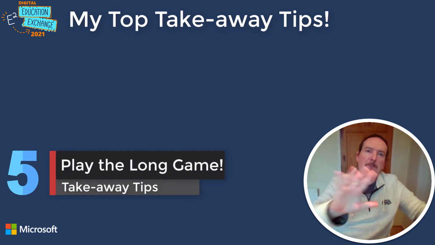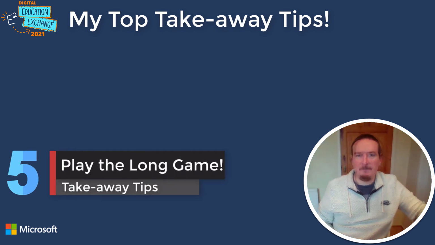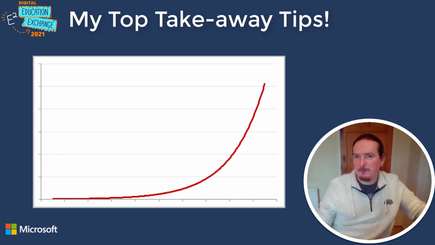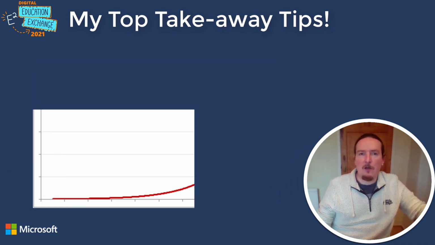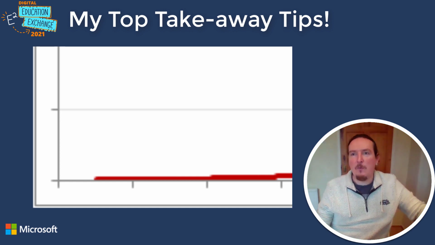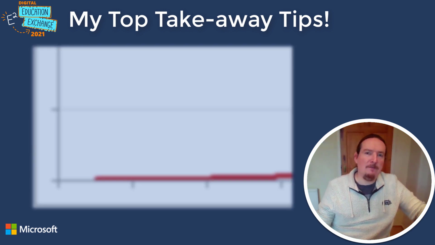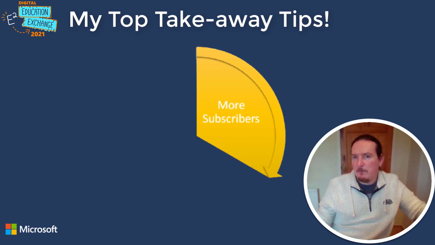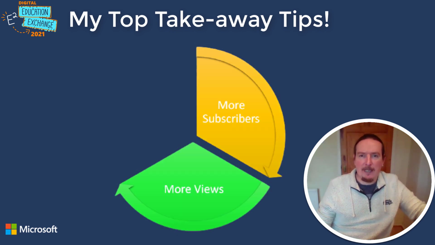Number 5, be patient and play the long game. Building an audience takes time. Even exponential growth starts out as a long flat line, which you will no doubt be bumping along for quite a while before you achieve any sort of liftoff. On YouTube, the more subscribers you have, the more initial views your videos will get.